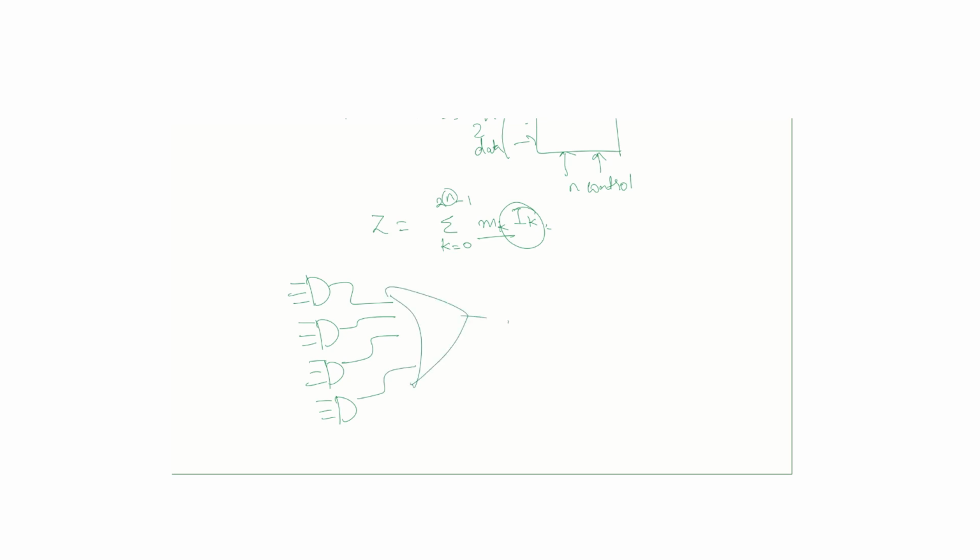The inputs should be A bar B bar I0, A bar B I1, A B bar I2 and A B I3. So this is how you design a multiplexer with AND and OR gates.